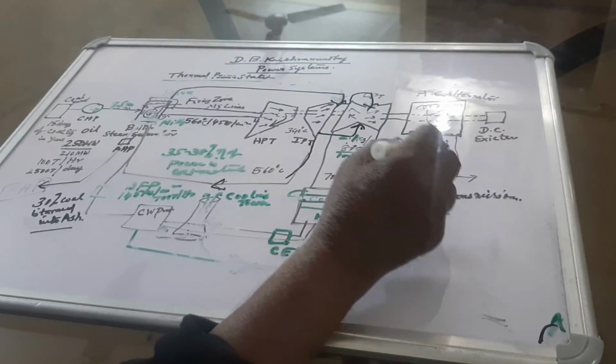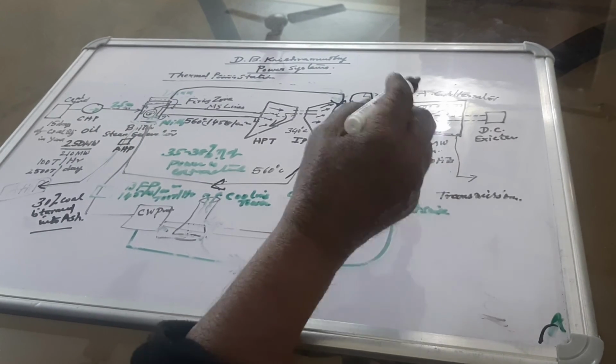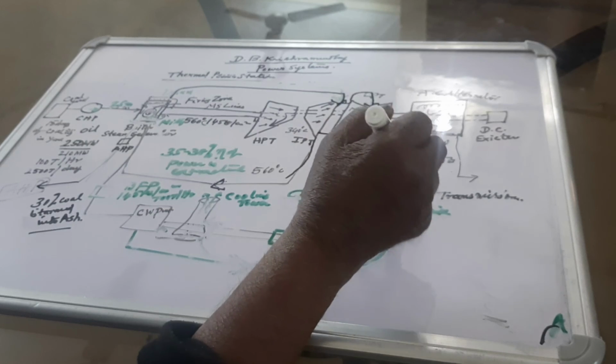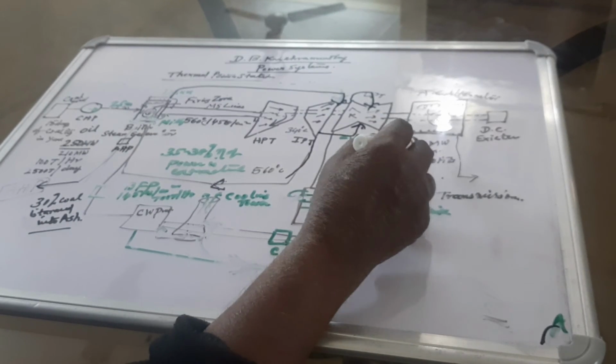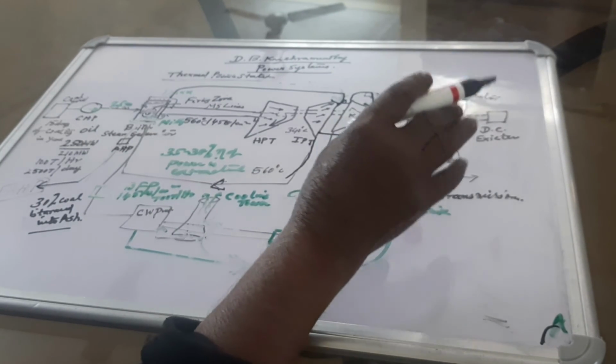So this runs at 3000 rpm, 50 Hz frequency, 3 phase, and produces 250 megawatts of power.